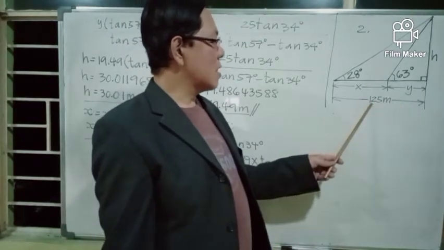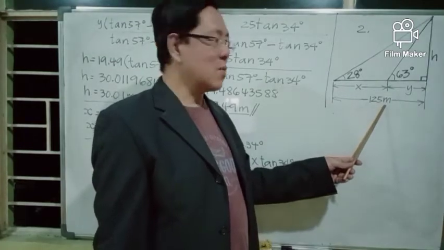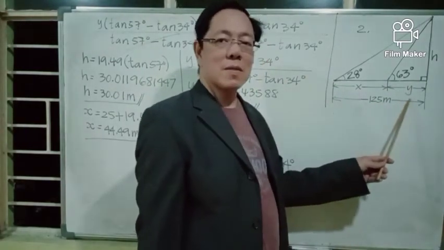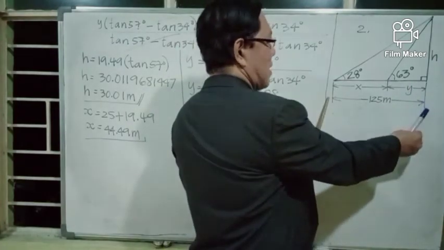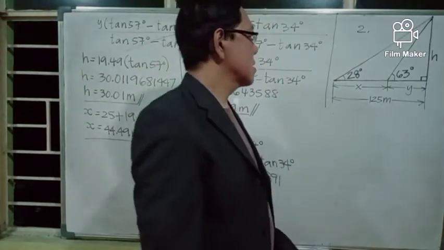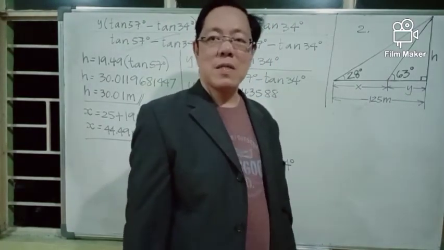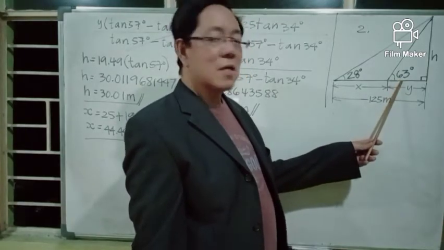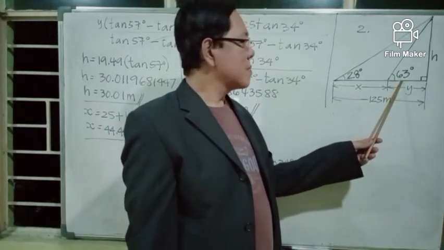You can see that 125 is equal to the sum of x and y: 125 equals x plus y. And we start writing an equation using the smaller right triangle.